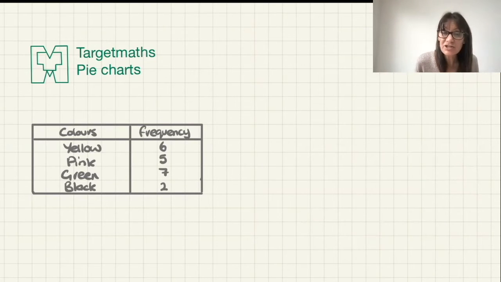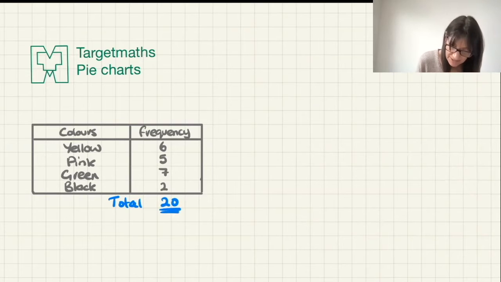So in this question, you can see from the table that they've been surveyed probably on favorite colors. And if I add those up, I will get a total of 20 people. That's my first step. So step 1, get your total.